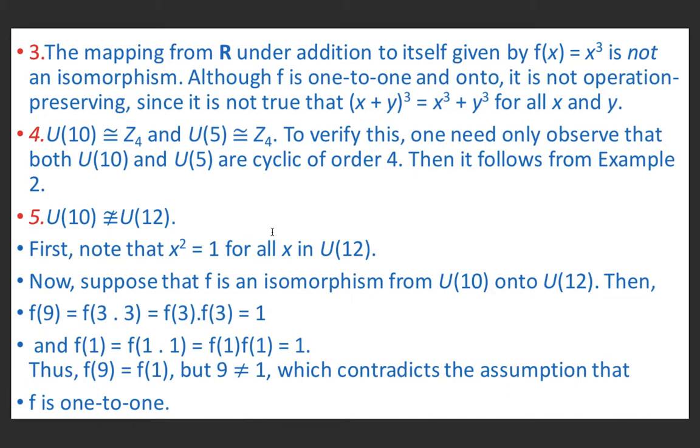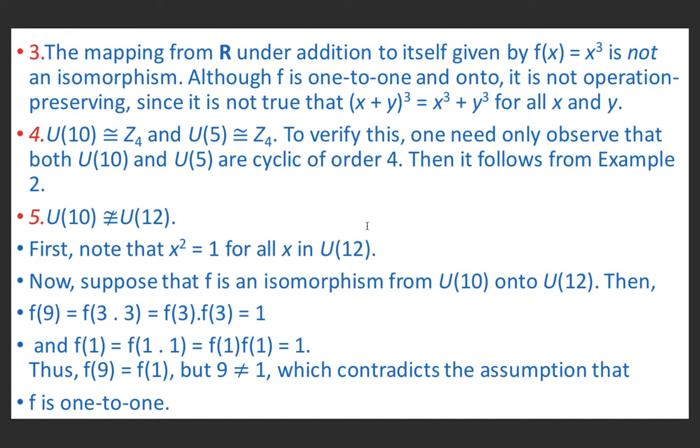Now if we denote the operation of multiplication modulo 12 by star, then we see that 1 star 1 is equal to 1. 5 star 5 is equal to 5 into 5, 25, and if we divide 25 by 12, the remainder is 1. So 5 star 5 is 1. Now 7 star 7 means 7 sevens are 49, and if we divide it by 12, 12 fours are 48, so remainder is also 1.